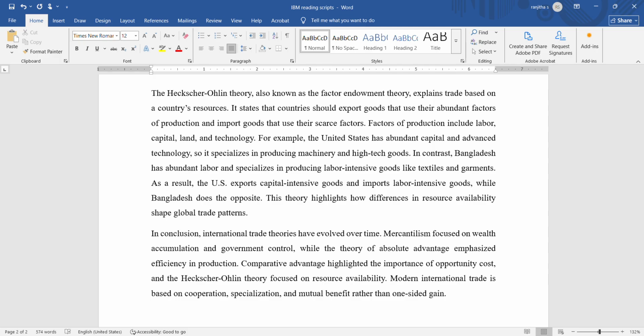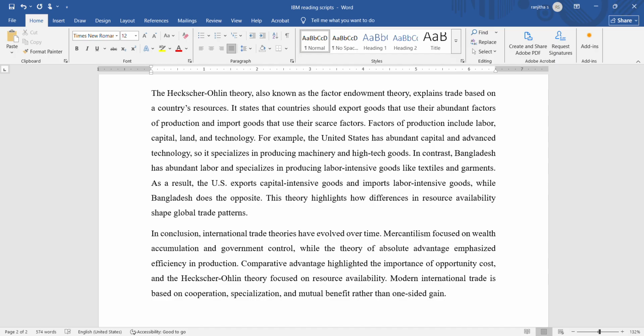For example, the United States has abundant capital and advanced technology. So, it specializes in producing machinery and high-tech goods. In contrast, Bangladesh has abundant labor and specializes in producing labor-intensive goods like textiles and garments.